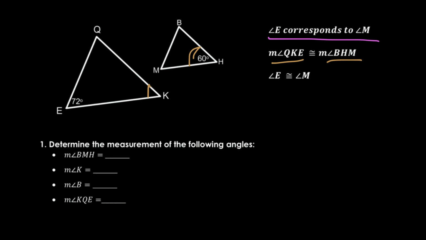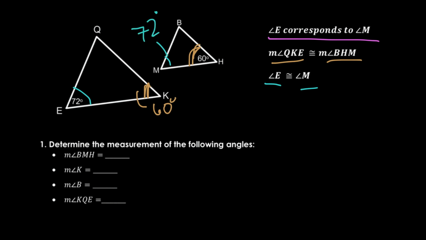And then lastly, the measure of angle E is congruent to the measure of angle M. So I know right off the bat that if angle K and angle H are congruent, if H is 60, then K must also be 60 degrees. And second, if angle E is congruent to angle M, then I know angle M must also be 72 degrees.